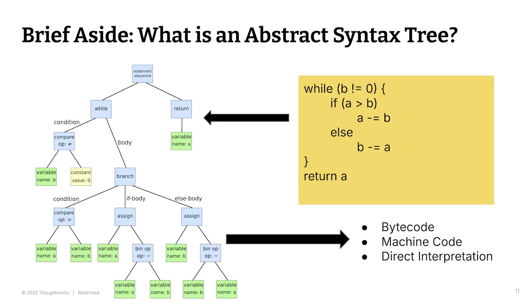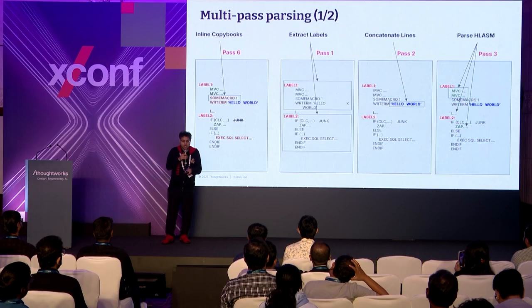One of the children is your comparison of b not equal to 0, and so on and so forth. A compiler, to execute this program or compile it into machine code, obviously does not understand English. It needs to understand the structure, and this structure is the first step towards getting to that executable representation.